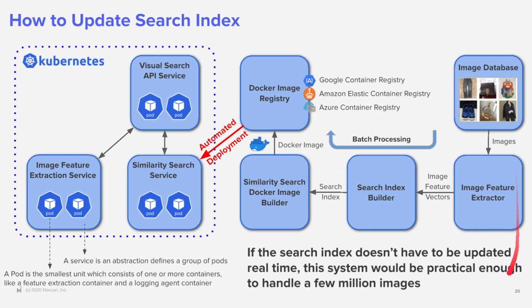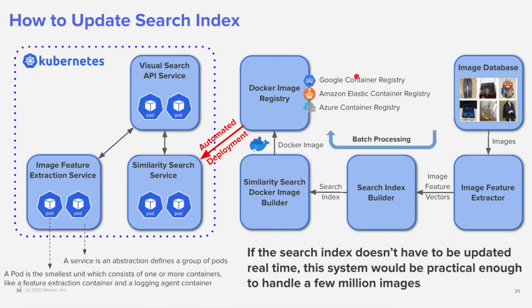Image feature vectors are extracted from newly posted images, and our new similarity search index is built for the new images and existing ones. Then a new Docker image which contains the new search index is built, and it's uploaded to the Docker image registry.